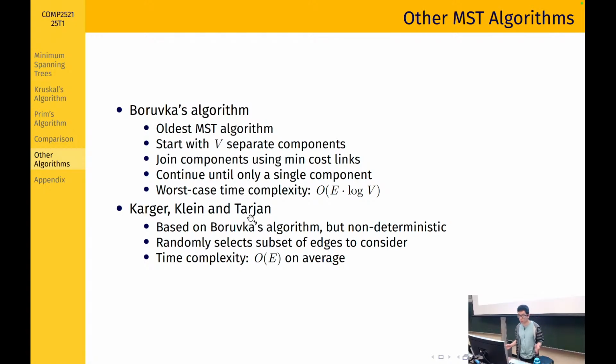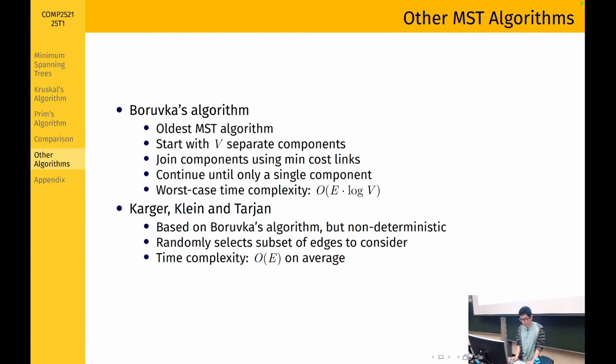I don't know if that's how you pronounce the names, but the time complexity of their algorithm is big O of E on average, which is very impressive. It's also non-deterministic, which means it's a randomized algorithm. If you're interested, you could have a look at that.